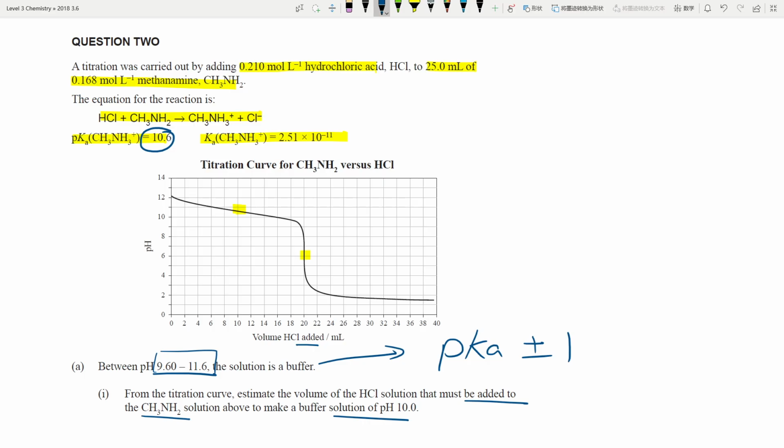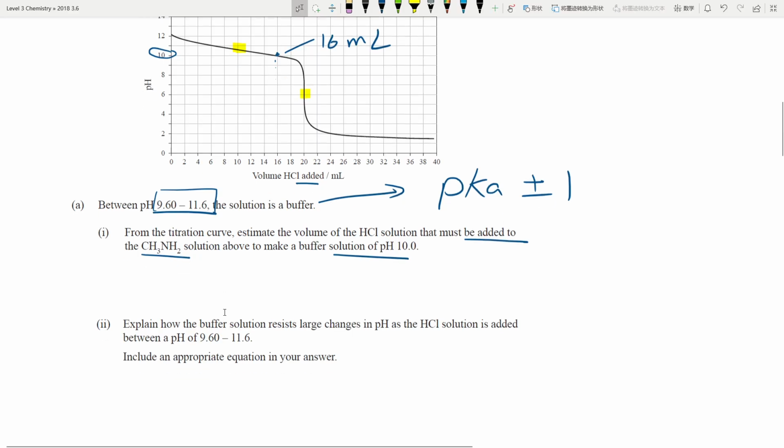Don't you just find pH 10, go across, then go down? So this is 16 mL. That's probably way too easy for year 13, but anyhow, that's 16 mL.